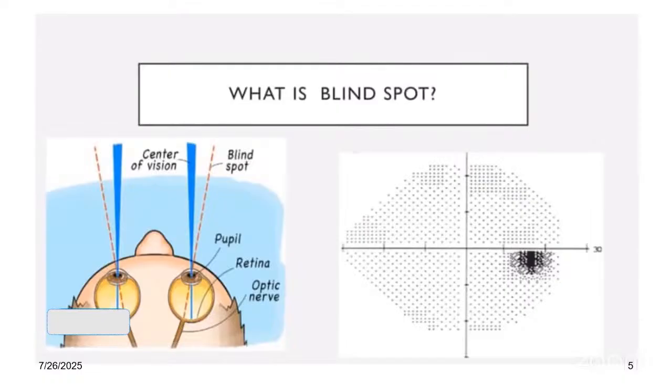We should also know that the temporal retina corresponds to the nasal visual field, while the nasal retina corresponds to the temporal visual field. That's why on this grayscale picture you can see that the blind spot is located temporally, meanwhile the optic nerve is nasal. So those are some of the things we need to take note of.